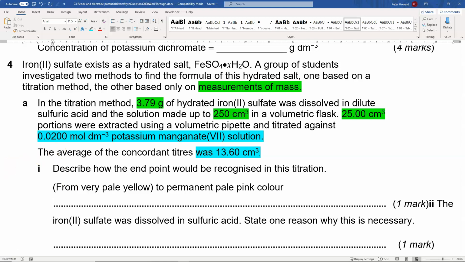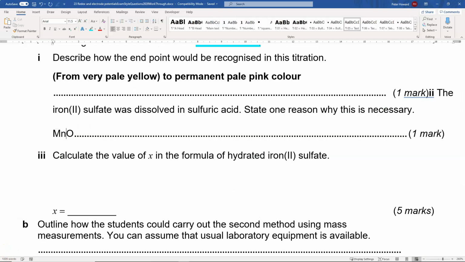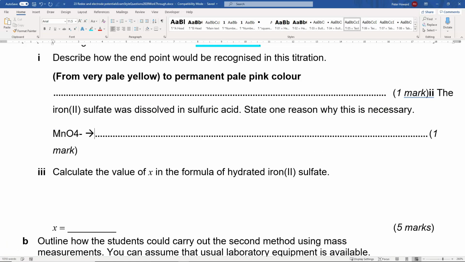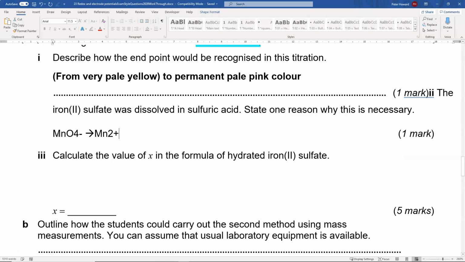Why do we need to use sulfuric acid? If we write the equation down for the use of potassium manganate, it will become clear. So if we write our equation down, MnO4-, the manganate ion, reacts and forms Mn2+. Now, we need to think about how to balance this equation. Where does the oxygen go? That goes into water, so H2O. There are 4 oxygens on the left, so we'll need 4 oxygens on the right, so plus 4 H2O.